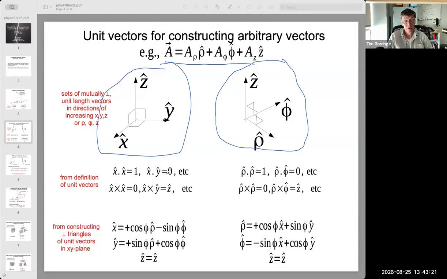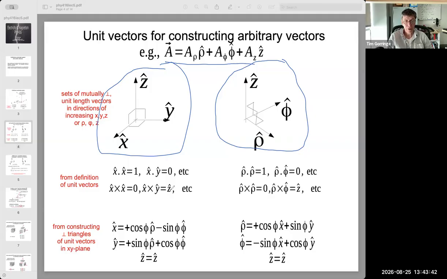X dot y, the dot product of an x and a y unit vector, is zero. That's based on them being orthonormal. For the cross products, x cross x, remember cross product picks out perpendicularness, is zero, but x cross y gives us the third direction. That's the z unit vector.